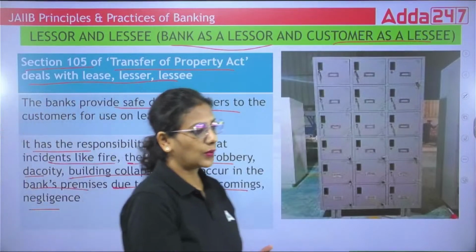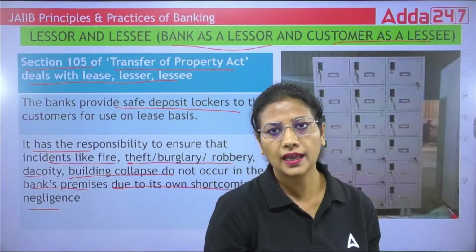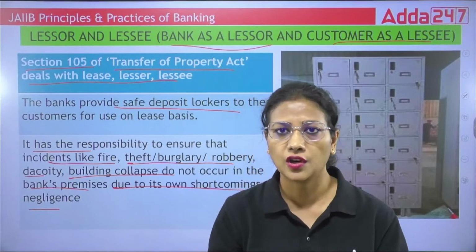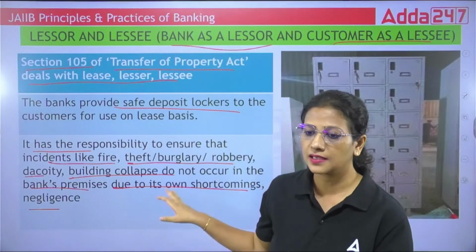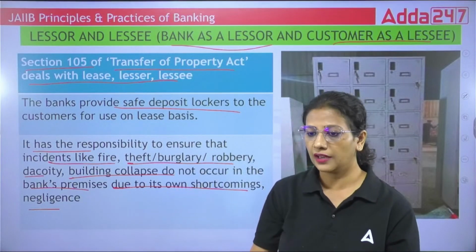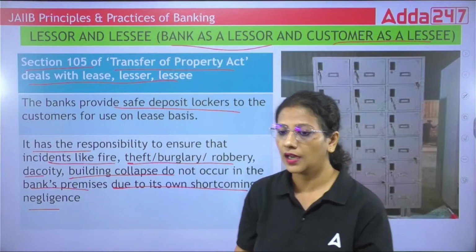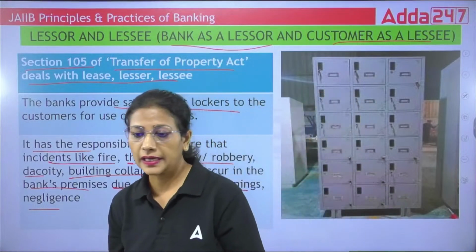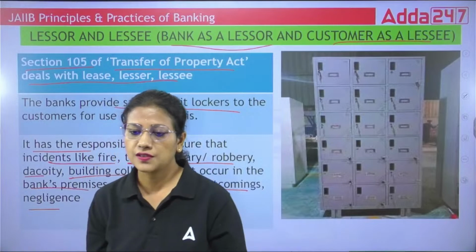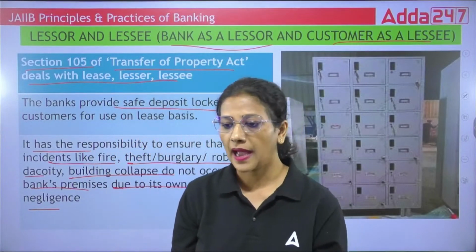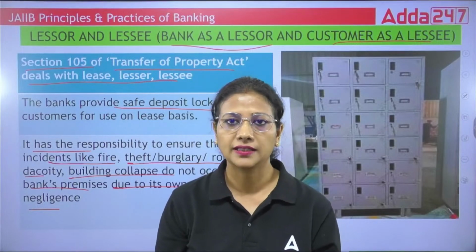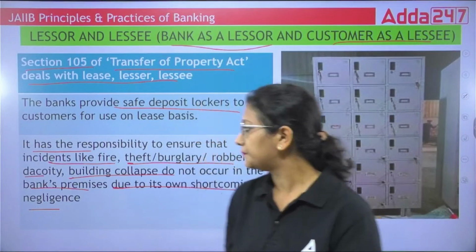So bank will take all kinds of insurance and all kinds of care that these things don't happen. And because this is the responsibility of the bank, it will have to pay if anything adverse happens.